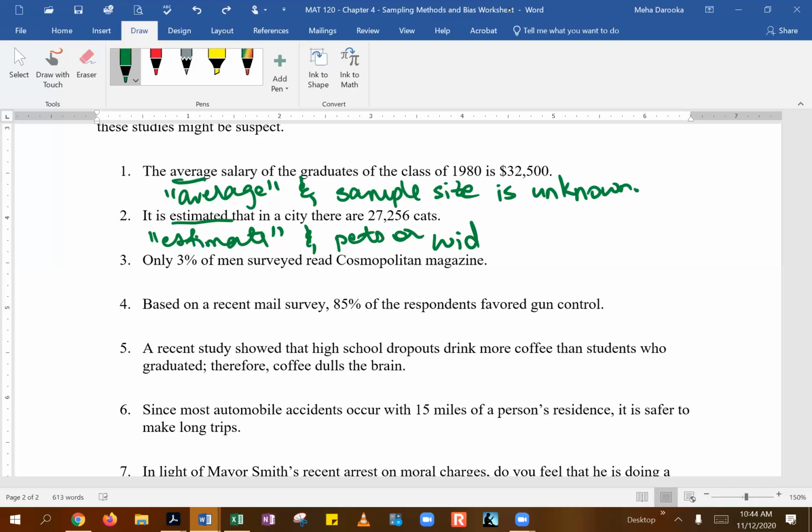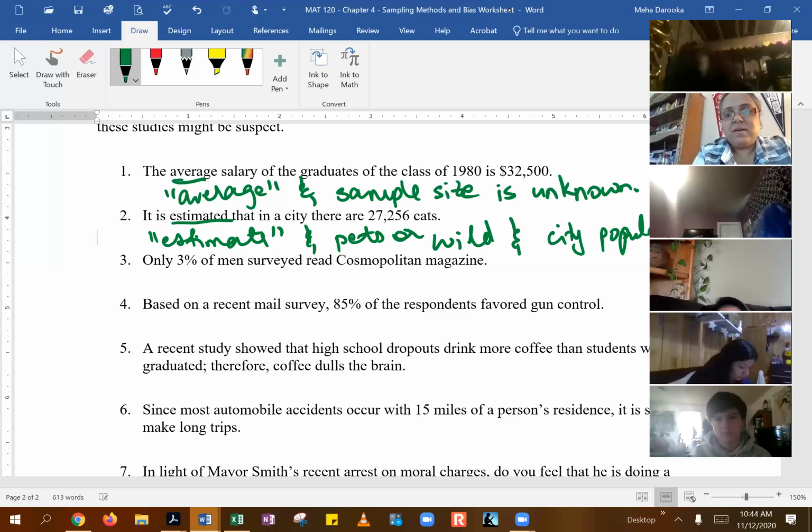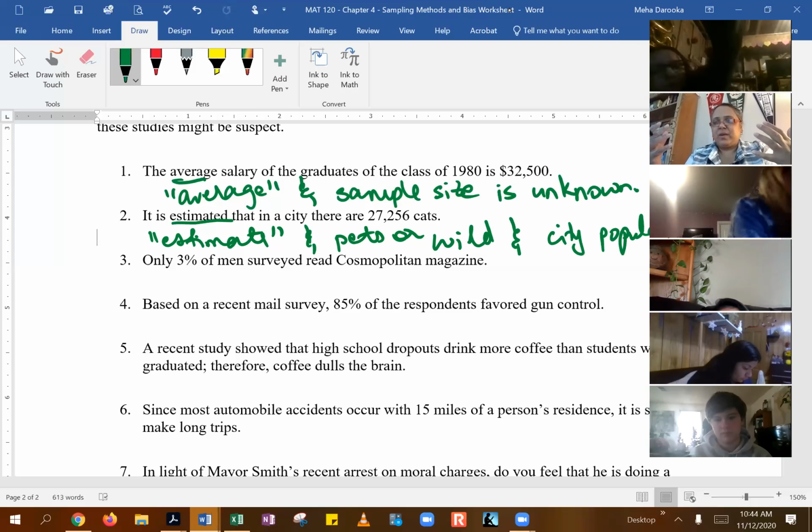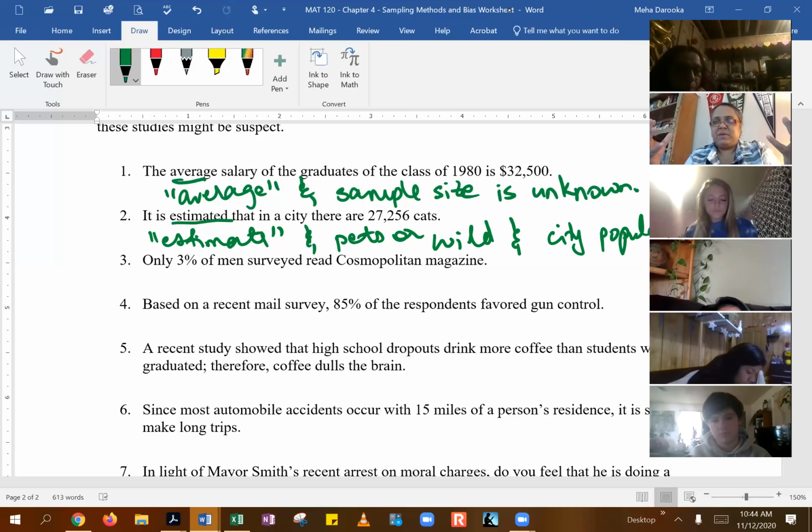Are they wild cats? And I think one of you also mentioned what was the city population. Because if it's a big metropolitan city, with 10, 15 million people, then how does this ratio of cats work out with them? And again, we don't know what kind of cats these are.